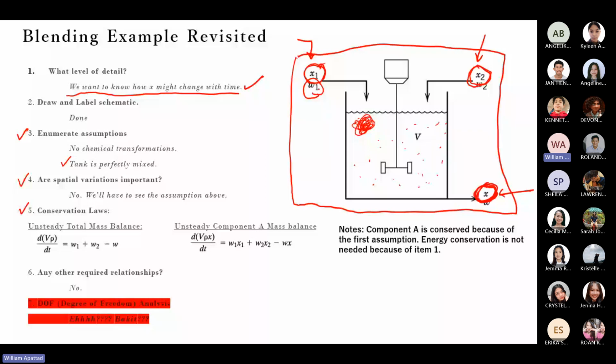Ganon din dito kapag taasan natin tong value ng W2 natin, tataas din ang papasok na x2. So, magbabago ang ating x. Right? So, kailangan talaga itong mass balance. Next, of course, kailangan natin ng component balance kasi ito yung gusto natin, yung x.